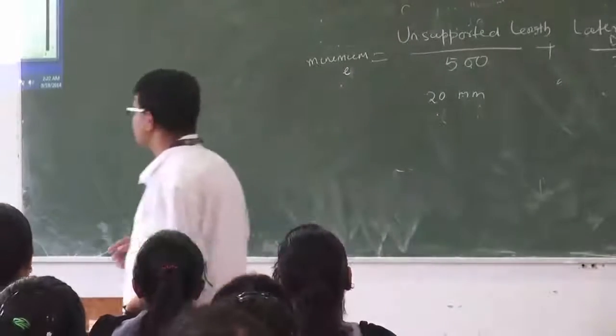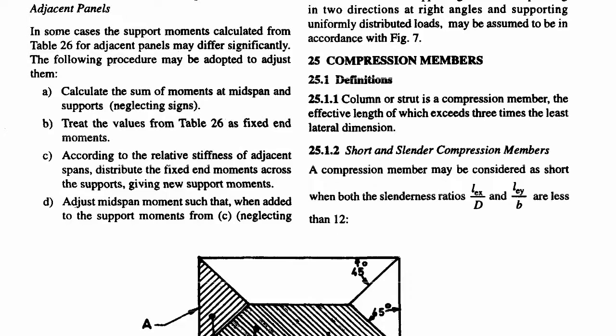That is again a codal provision. You can go to the next pages. What makes a column a long column or short column? Clause number 25, compression members. What is the definition of a compression member? Column or strut is a compression member, the effective length of which exceeds 3 times the least lateral dimension.